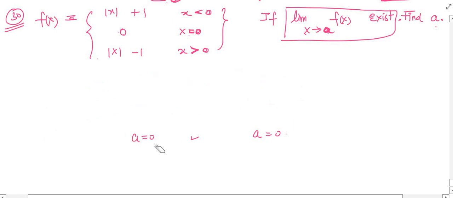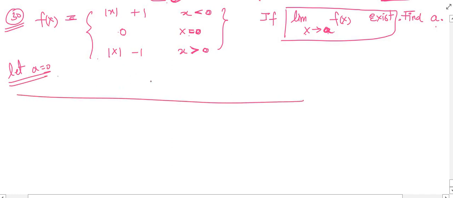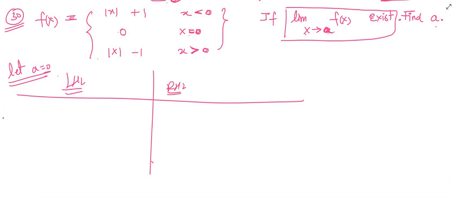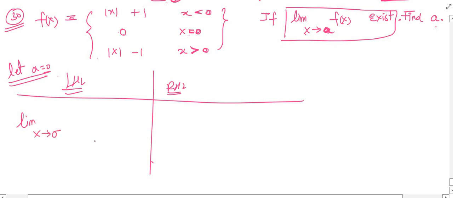So let me try first the easiest one, which is 0. Write down, let a be 0. So we will check at 0 LHL and RHL. So it has to be 0 minus and 0 plus. X is tending to 0 minus and 0 plus.